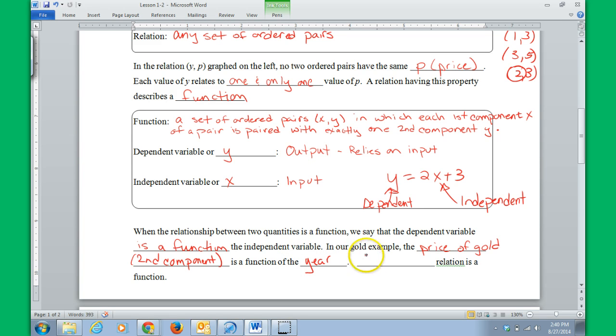And this is important: not every relation is a function. Just like what I showed you up here, that is not a function. Still a relation, just not a function.